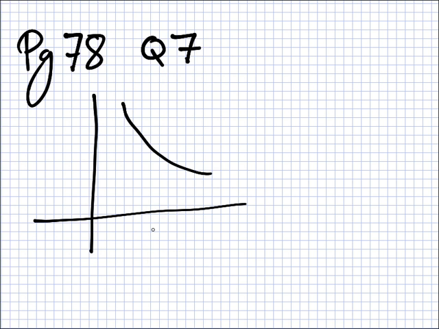So the first question is, by using Pythagoras, find the square of the distance between the origin and the point (x, y). So how big is this distance here?